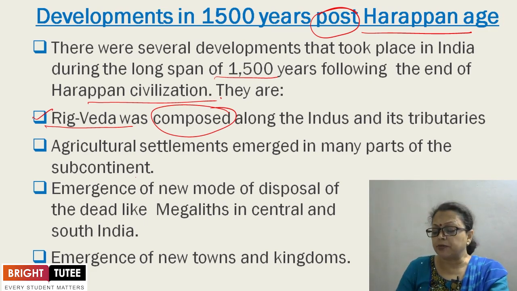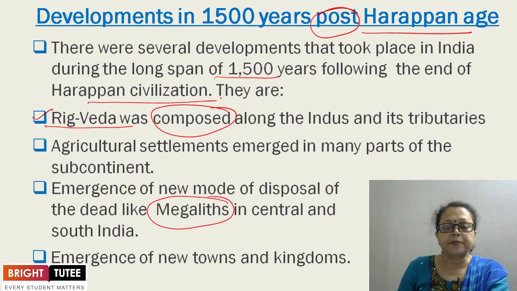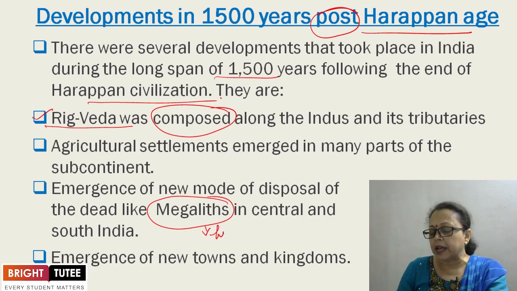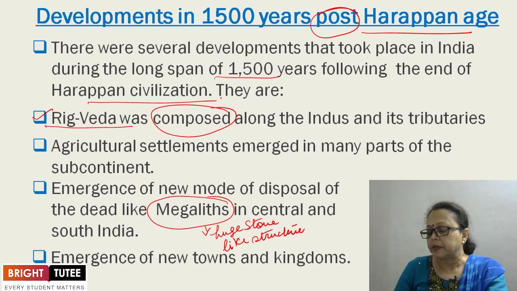Then the emergence of a new mode of disposal of the dead, like megaliths. Now, this is a new term, a new terminology in central and south India. So what are the megaliths? It's a huge stone-like structure used to mark the burials.